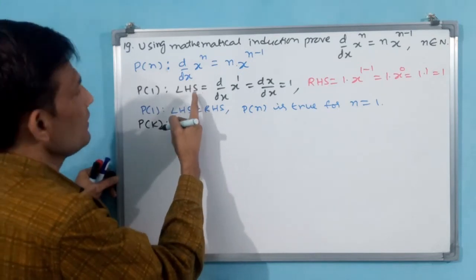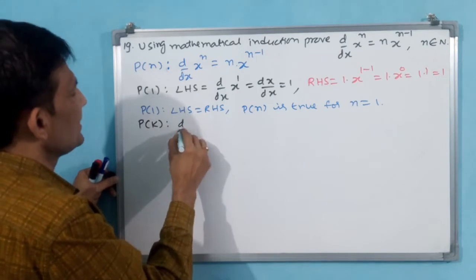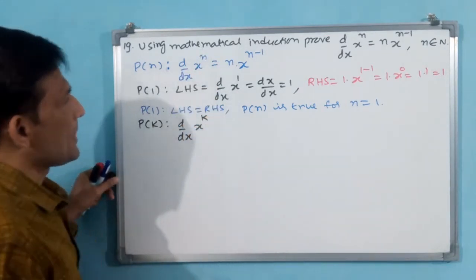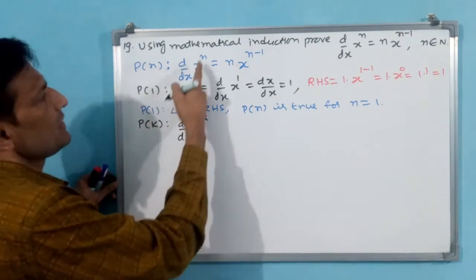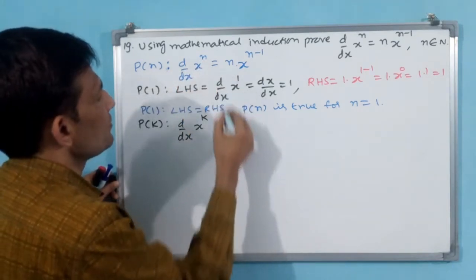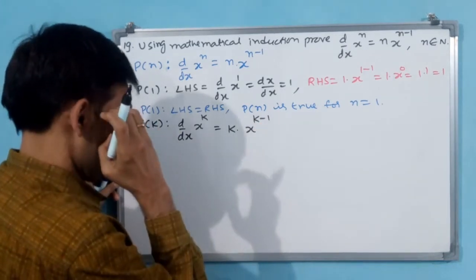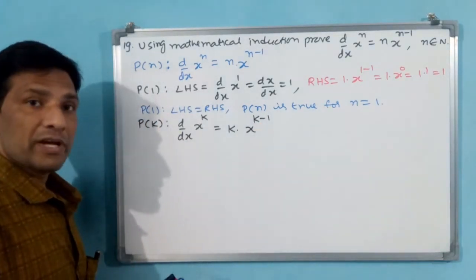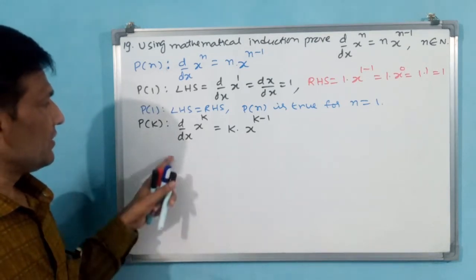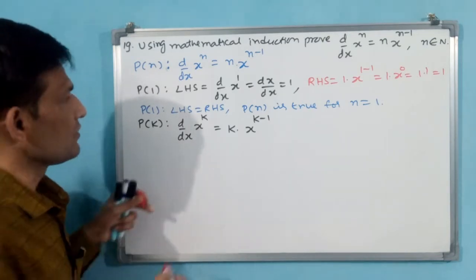P of n, plus k you have to write, d by dx x power k, where n is there, there k you have to write. That is equal to k into x power k minus 1. Is it okay? Definitely okay. See, this you have to take as true. Assume P of k is true. Write down.